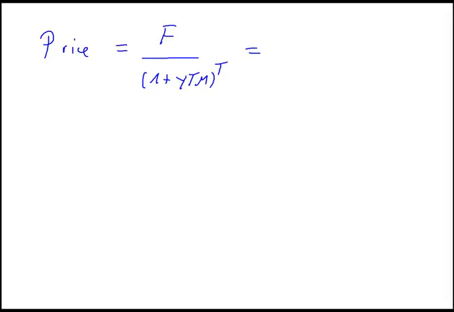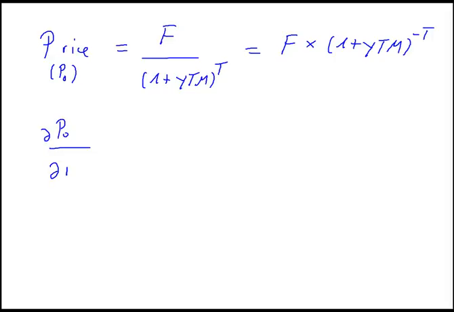The face value can simply be multiplied with 1 plus the yield to maturity to the power of minus t. That's the price of the bond, P0. Now we can take the first partial derivative of the bond price with respect to a change in the level of interest rates. Please note that the change in the level of interest rates is a change in the yield to maturity.